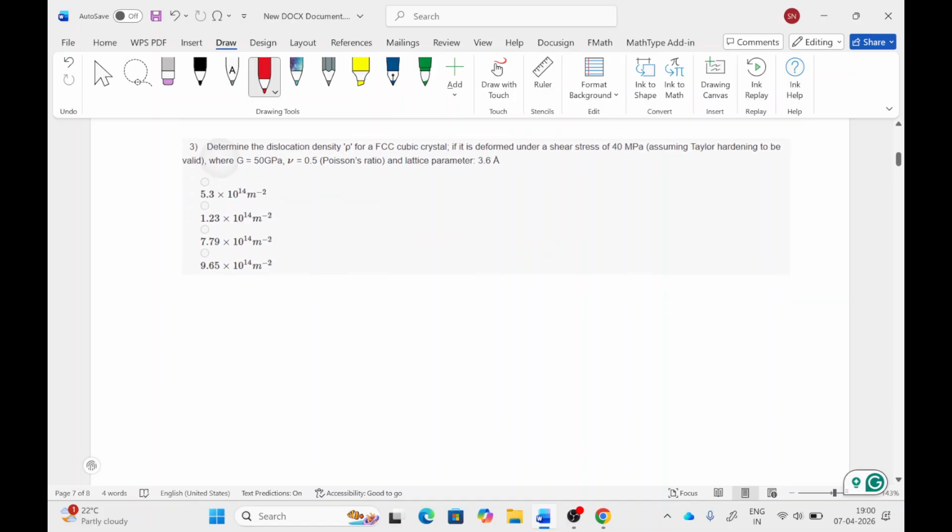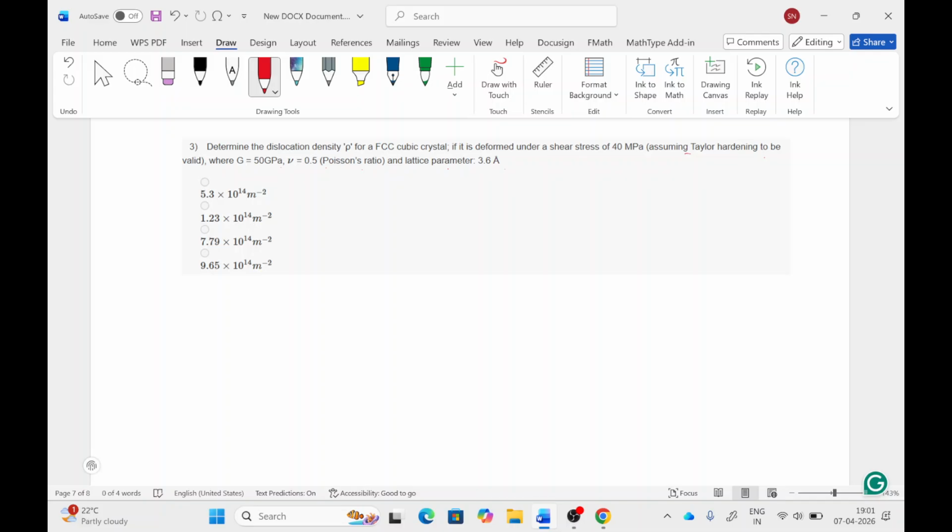The third question says determine the dislocation density for an FCC crystal if it is deformed under a shear stress of 40 MPa, and we have to assume Taylor hardening to be valid, where shear modulus is 50 GPa and Poisson's ratio 0.5 and lattice parameter is 3.6 angstrom.